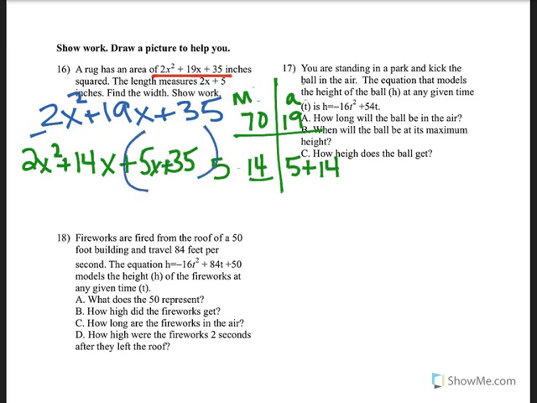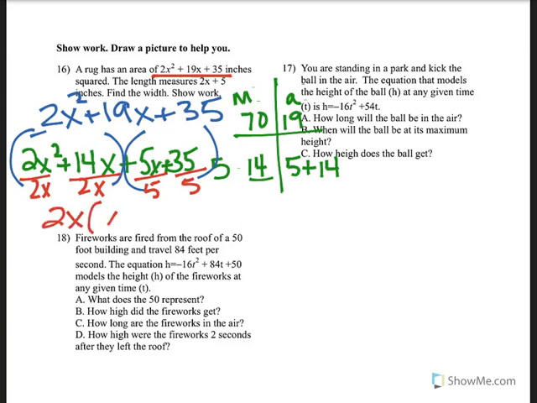Okay, and now I'm going to pull out the GCF. So I'm going to divide each of these. So I'm going to divide by the first term, so 2x, and then I'm going to divide the next one by 5. Anything I divide by, I'm going to put on the outside.